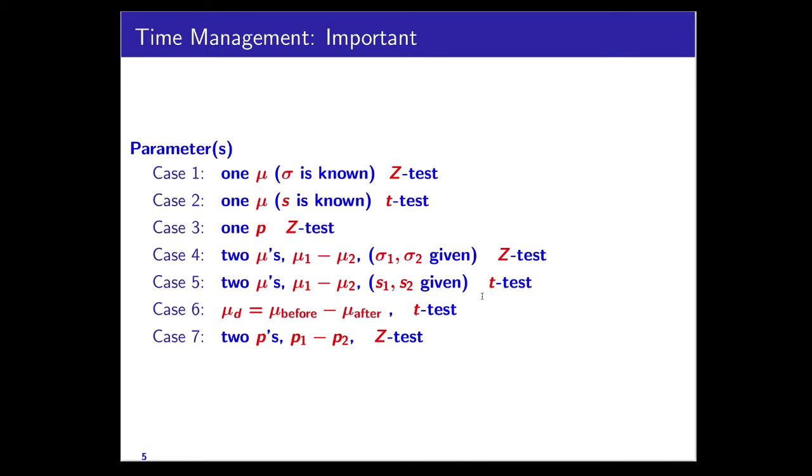In this case, we have a t-test. Case number 6, we consider a matched pair, mu d equal to mu before minus mu after, and this is a t-test. And then case number 7, we have two proportions, P1 minus P2. In this case, we have a z-test.